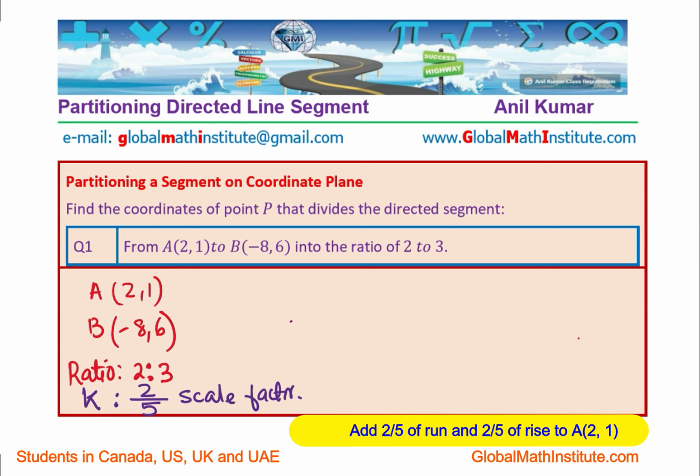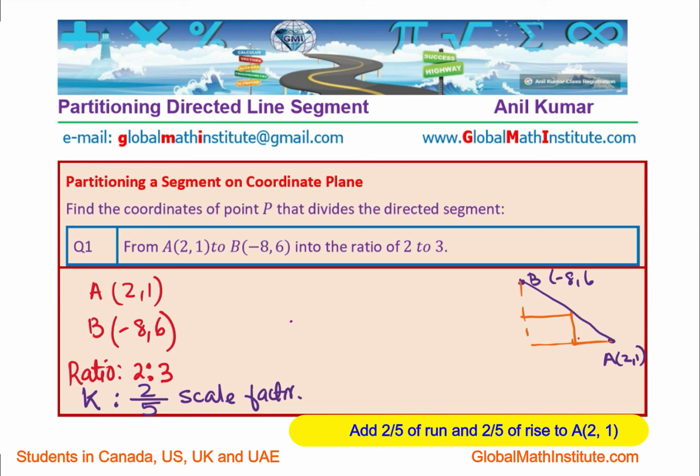Now first, we'll look into the rise and run of the line. To give you a visual picture, A is (2, 1) and B is (-8, 6). So the line is kind of like this, right? We have to start with A, which is (2, 1), and then reach B, which is (-8, 6). Now, dividing really means that we have to proportionally get to the second division horizontally and also vertically.